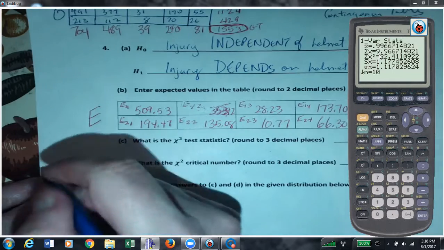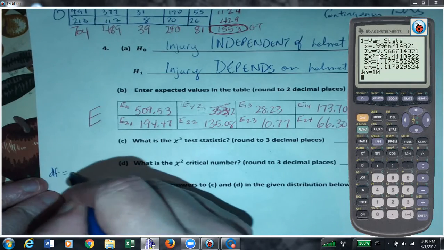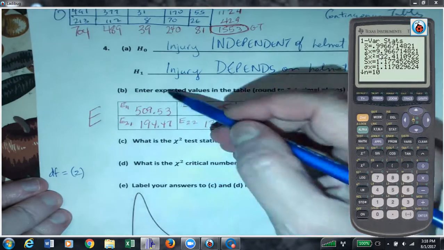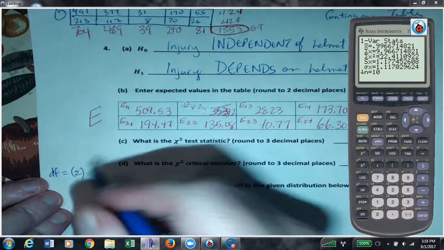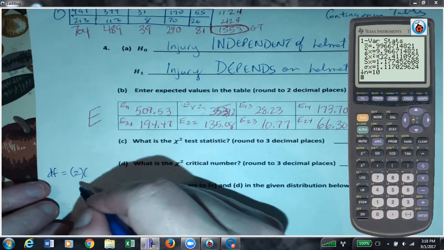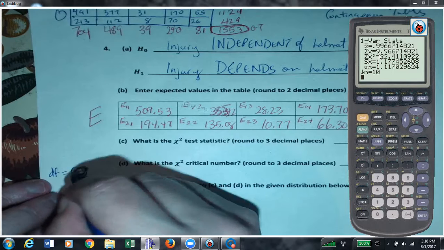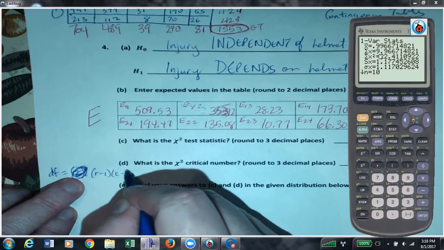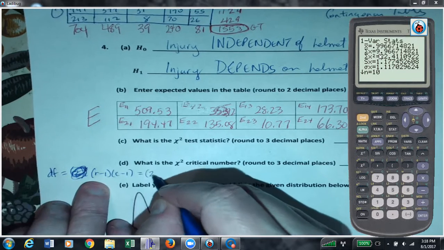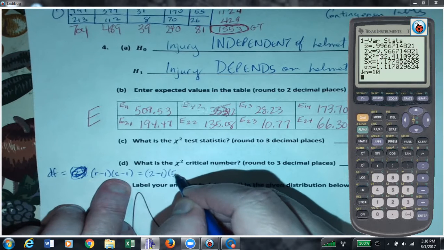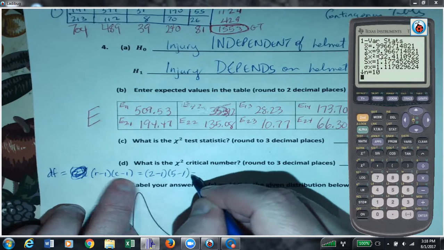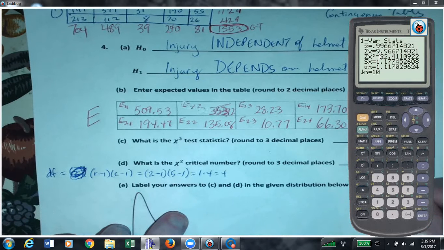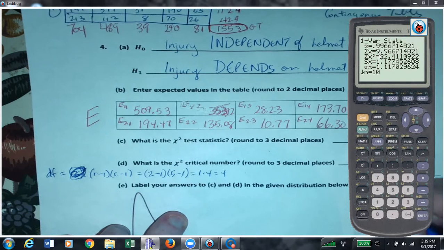I have 2 rows, and we had 5 columns. So R minus 1 times C minus 1 is 1 times 4, which is 4. So degrees of freedom are 4.